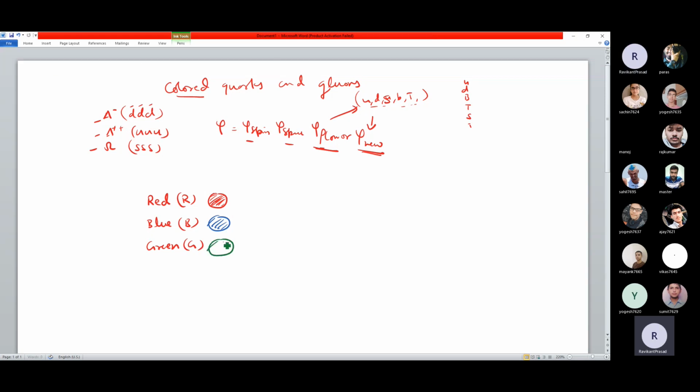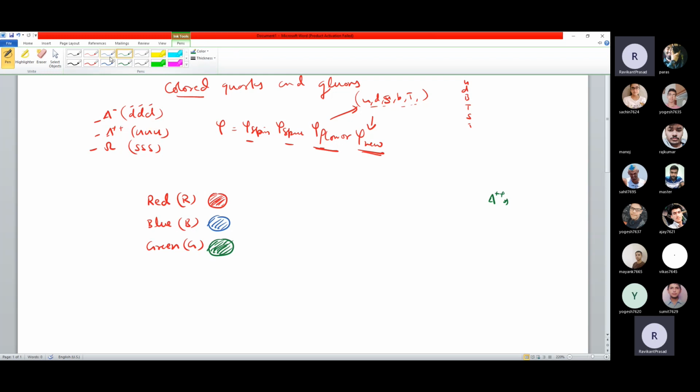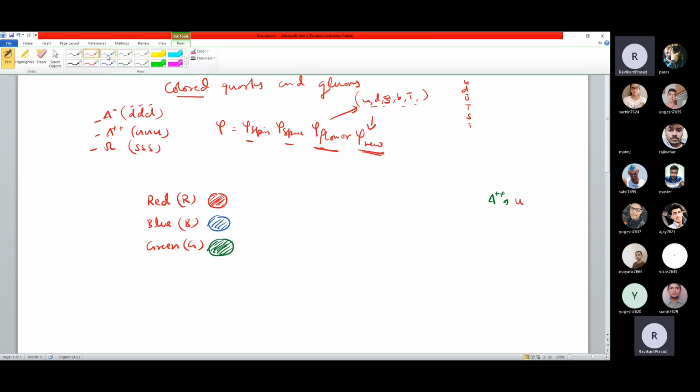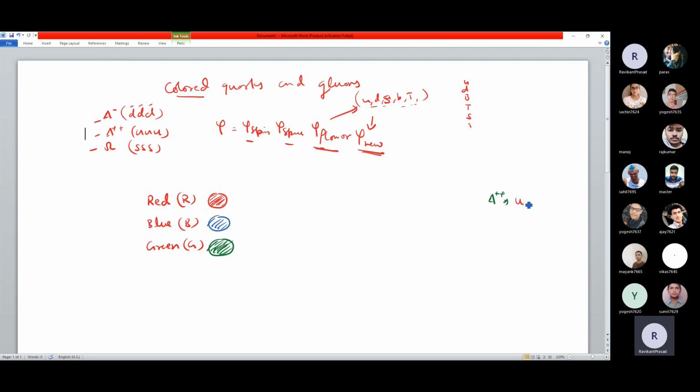So these are the different quarks. For example, if you want to write the composition of delta plus plus, then you can easily write something like that. That is, you have a U which is of red color, and you have another U which is of blue color, and you have another U which is of green color.